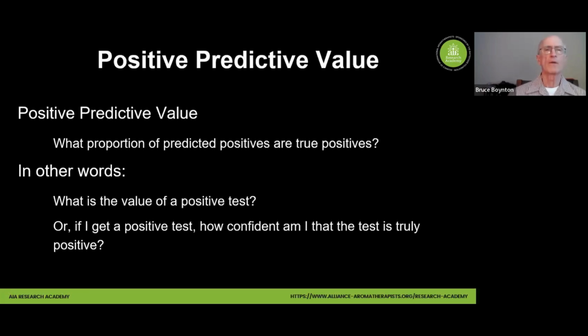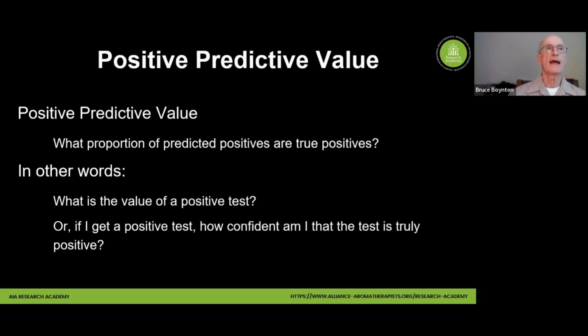Well, what the heck are positive predictive values? Well, positive predictive value is what proportion of the predicted positives are true positives. Well, what does that mean? What's the value of a positive test? Or you might say it, if I get a positive test, how confident am I that the test is truly positive?